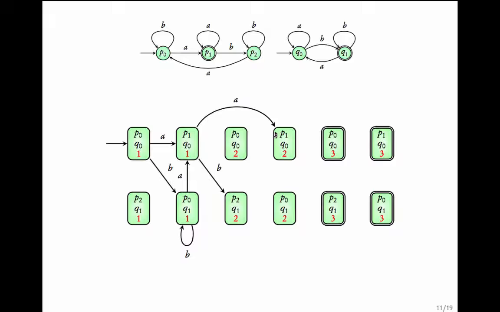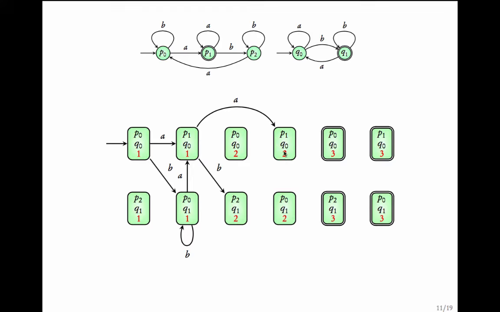Let us now look at this state. In this state, we are waiting to see an accepting state of the second component. So the procedure is simple. You look at P1 Q0. P1 Q0 on an A should go to P1 Q0. However, there are 3 possible P1 Q0s. You look at the flag. See if Q0 is an accepting state.